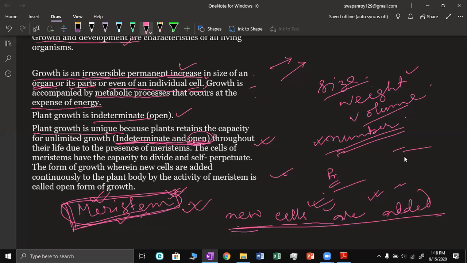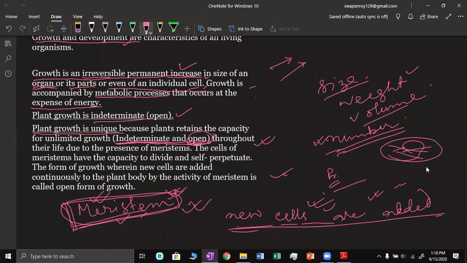Plant growth is also indefinite in another way. In animals there is a definite shape and size. We have two hands, two legs, a definite nose and ears. A definite number of organs is there in animals.